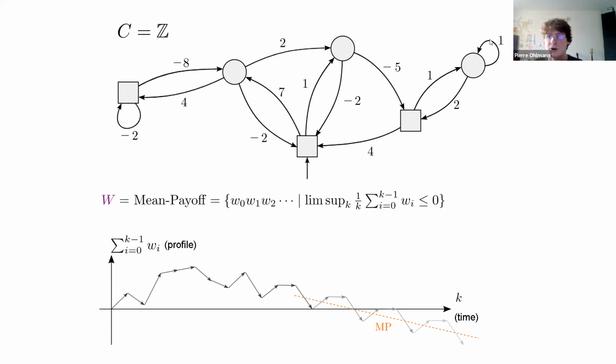So let's look at this part on the right. I hope you can still see my cursor. If we're here, that's the opponent. The opponent wants to maximize, and he wants to be positive. If he goes there, then he will always trap the game in this rightmost component, and whatever we do, the average weight is going to be positive.